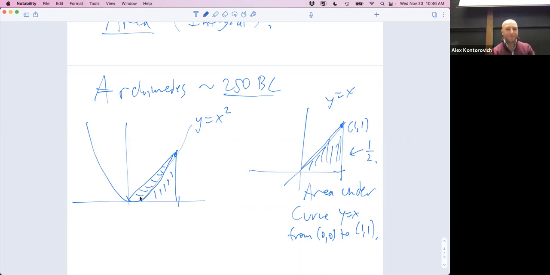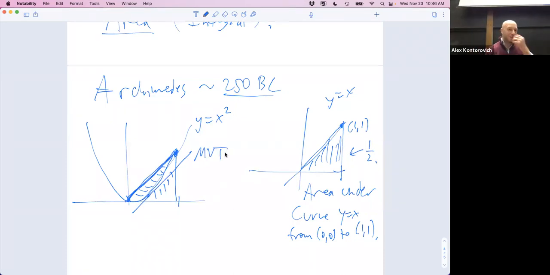It's absolutely brilliant. And it's to say, okay, somewhere between these 2 points is a tangent line that's parallel to this line. Does that smell like anything? The mean value theorem. Archimedes used the mean value theorem 2,000 years before it was proved.